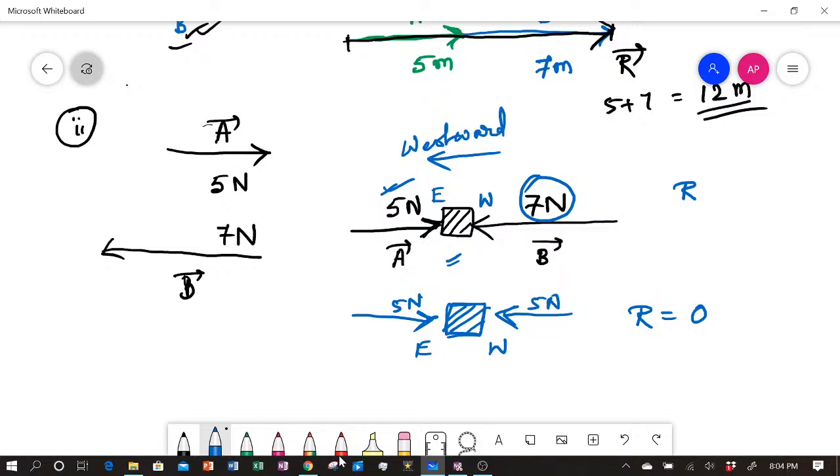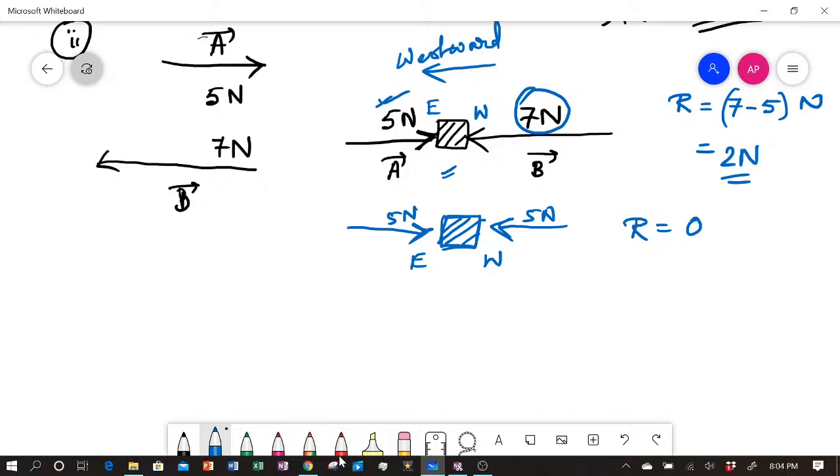And what would be the magnitude of the resultant force? The magnitude of resultant force would be simply 7 Newton minus 5 Newton, that is 2 Newtons. This would be the magnitude of the resultant force.